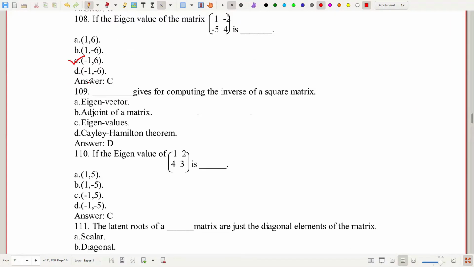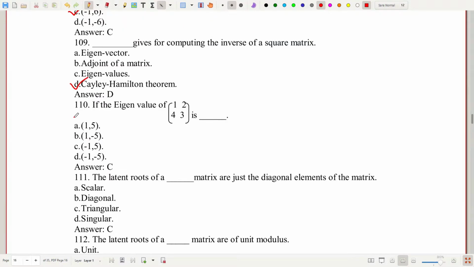Next one, dash gives for computing the inverse of a square matrix. Now that one is the Cayley-Hamilton theorem, which gives for computing the inverse of a square matrix.